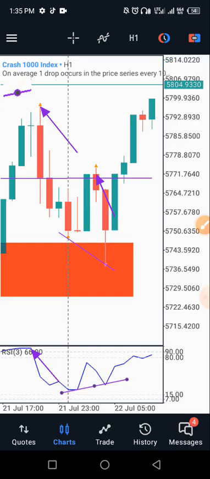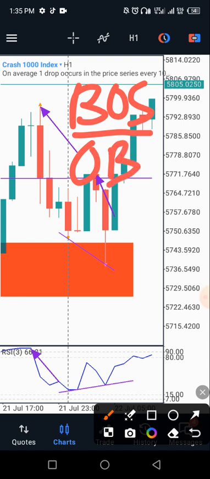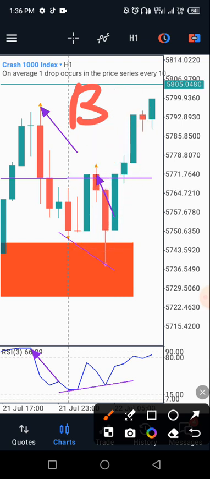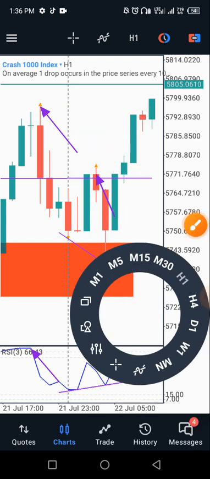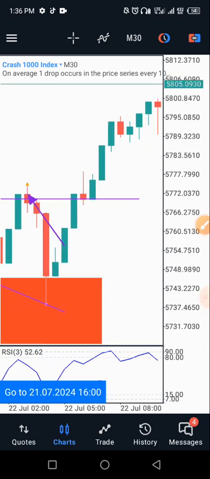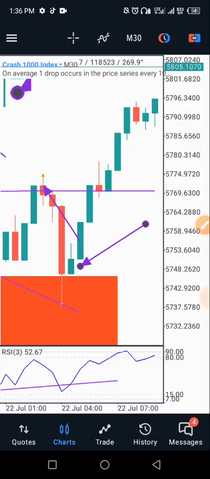Once we see this, guys, this is a powerful strategy that you can adopt to trade the market. So we've talked about the break of structure, which is the first thing we'll look out for, our order block, which is the second thing, and then our divergence. As a bonus, after identifying these three things, before you can take your sniper entry, you can go to the 30 minutes time frame and wait for this candle to form.